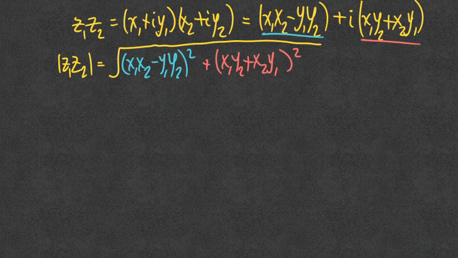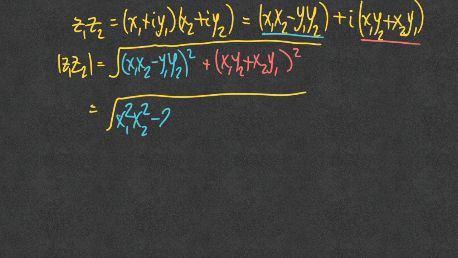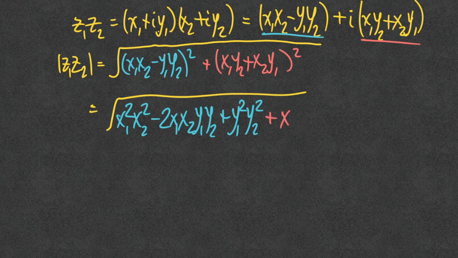So this is going to be equal to x1 squared x2 squared, minus 2 times the product of x1 x2 and y1 y2, plus y1 squared y2 squared, plus the second term is going to be x1 squared y2 squared, plus 2 times the product of x1 y2 times x2 y1, plus x2 squared y1 squared.